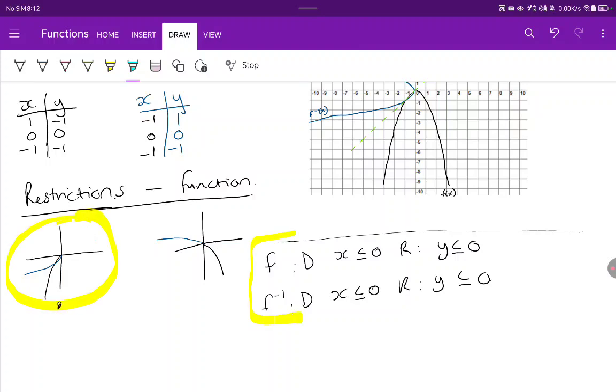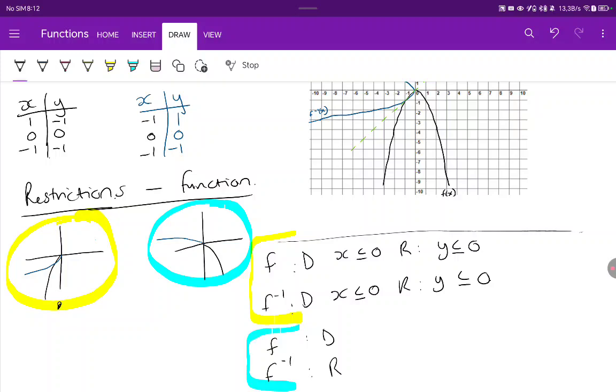Okay, this is all scenario number 1. Now let's do scenario number 2, and that would be f and f minus 1. Okay, so domain and range. For the black one, so we're here. If we're looking at the black graph, x values are positive. So x is greater than or equal to 0.